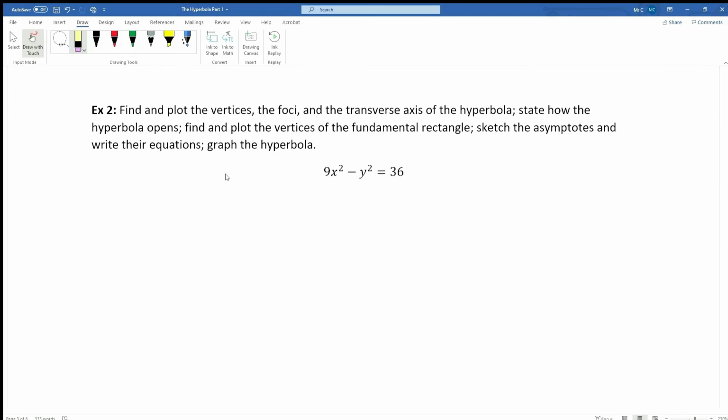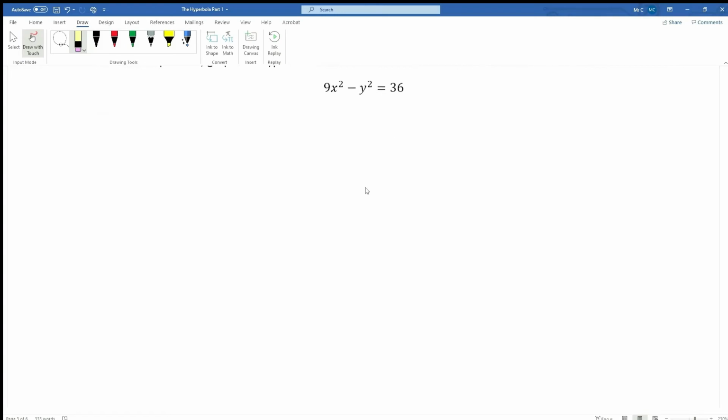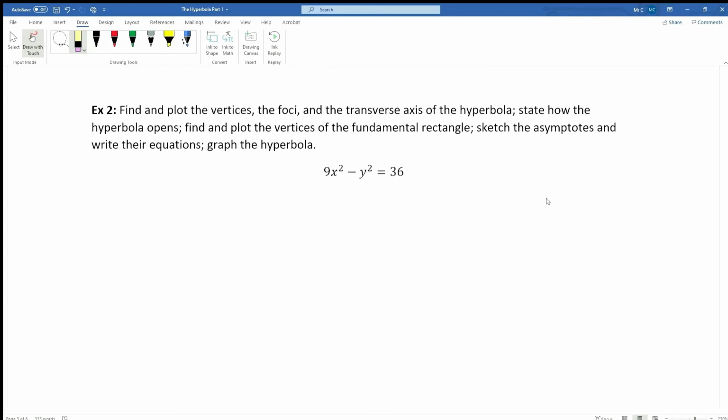Okay, so now we're going to find and plot the vertices, the foci, the transverse axis of the hyperbola, state how the hyperbola opens, find and plot the vertices of the fundamental rectangle, sketch the asymptotes and write their equations, and graph the hyperbola. This is all the same stuff we were doing before, just laying it all out explicitly. Now, of course, here we've got a slightly different equation. We've got 9x squared minus y squared equals 36.